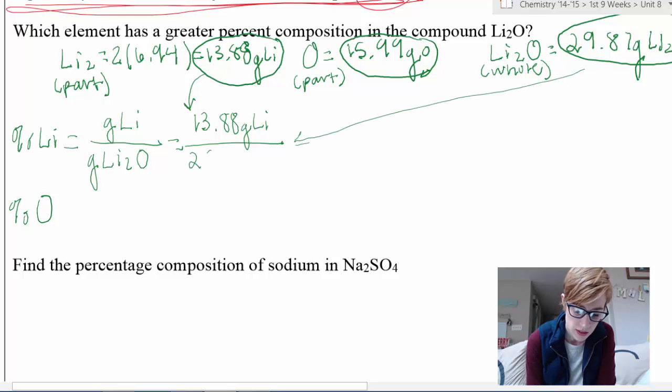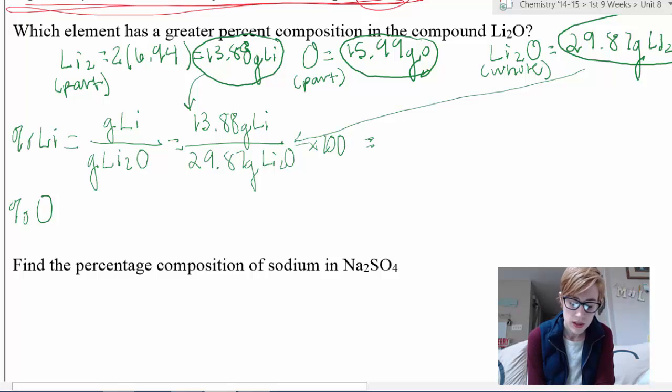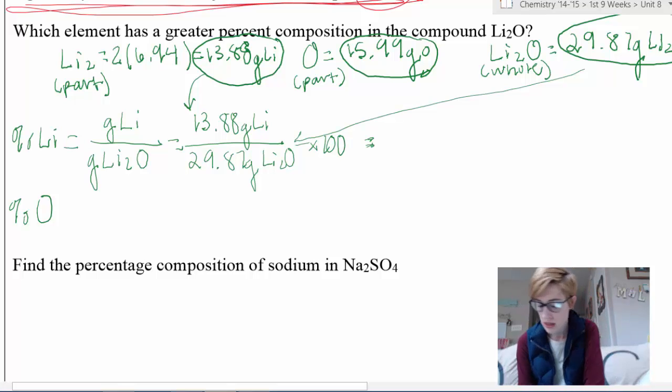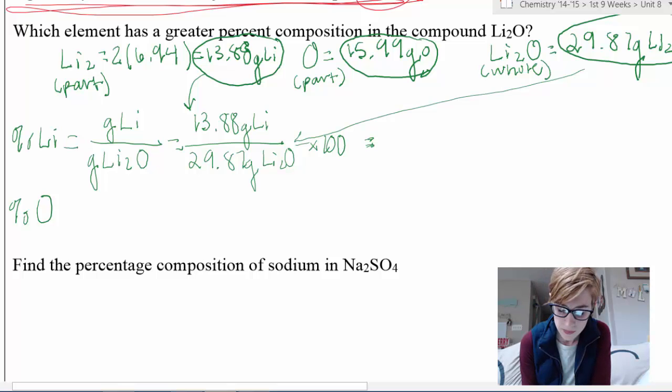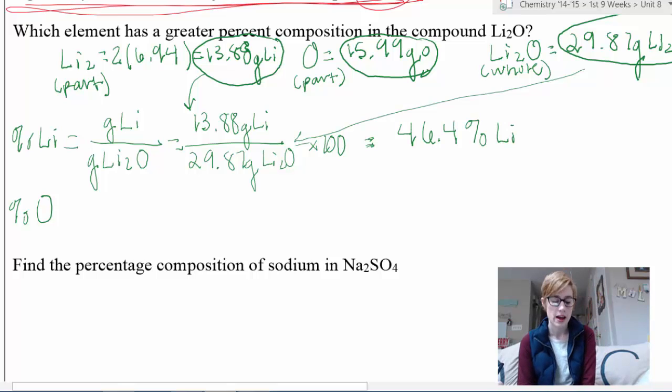It's 29.87 grams of Li2O. Remember, don't forget, you always have to multiply by 100. So I divide part divided by whole times 100. And for lithium, lithium makes up 46.4% of the compound, a little bit less than half.